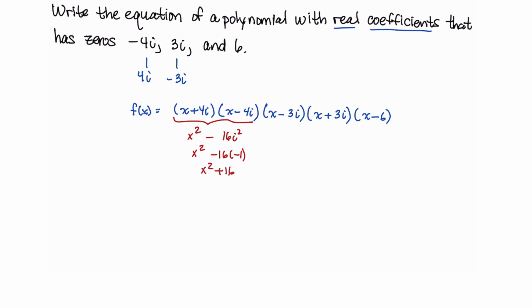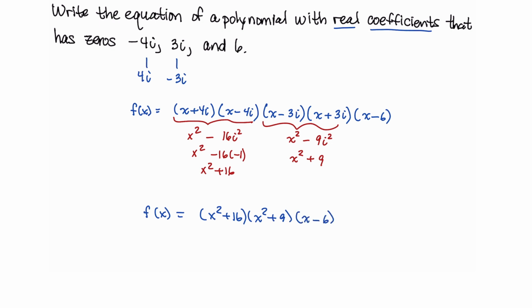So when I write my polynomial function again, I know that x squared plus 16 is a factor. Now let's look at these two. Same token, really. This is x squared minus 9i squared, which will turn into x squared plus 9. And then the other factor doesn't have any i's in it, so I'm just going to drop that down.